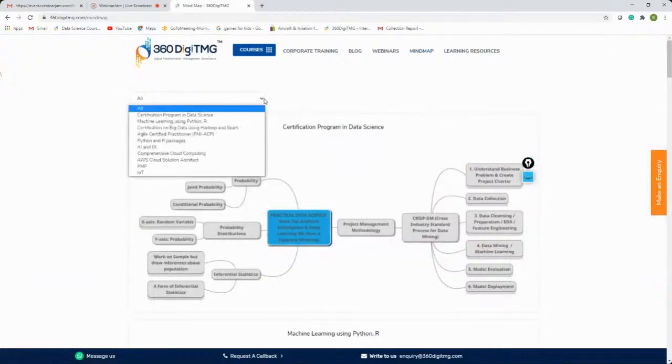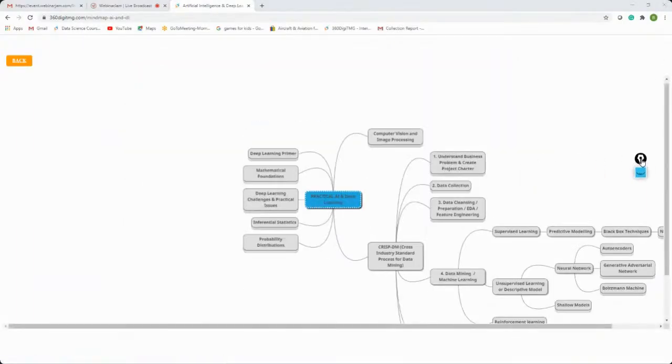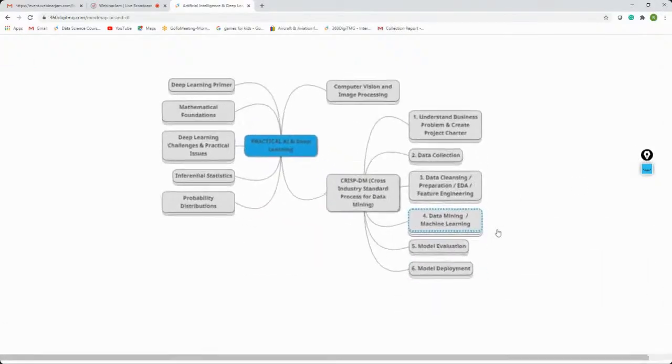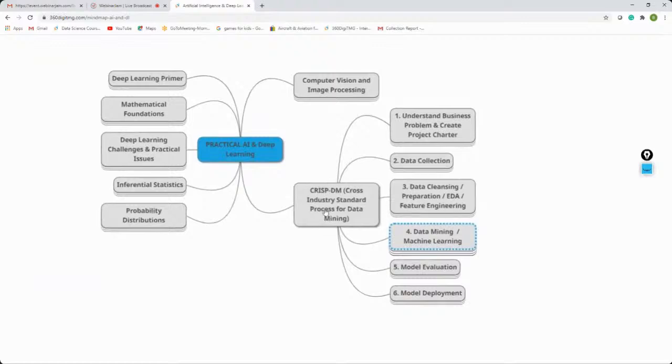If you go to the drop down, you would see AI and deep learning. When I click on this, you'll see AI and deep learning, and you have CRISP-DM, Cross-Industry Standard Process for Data Mining. We started off with this yesterday.